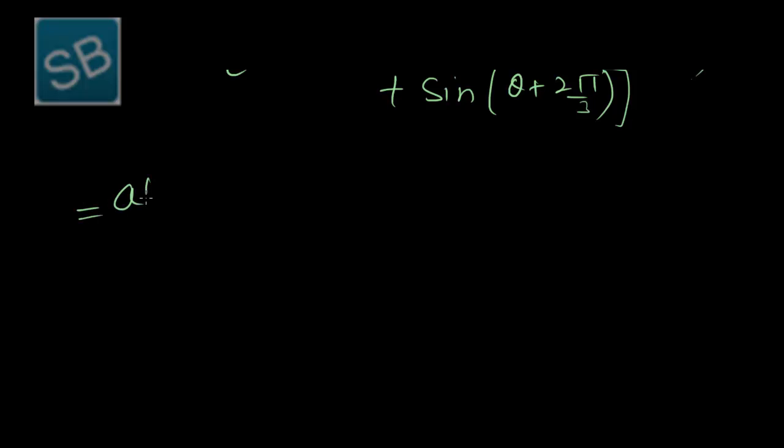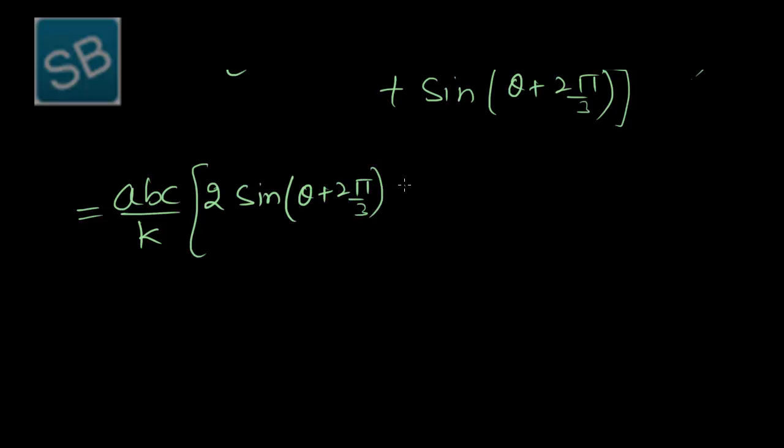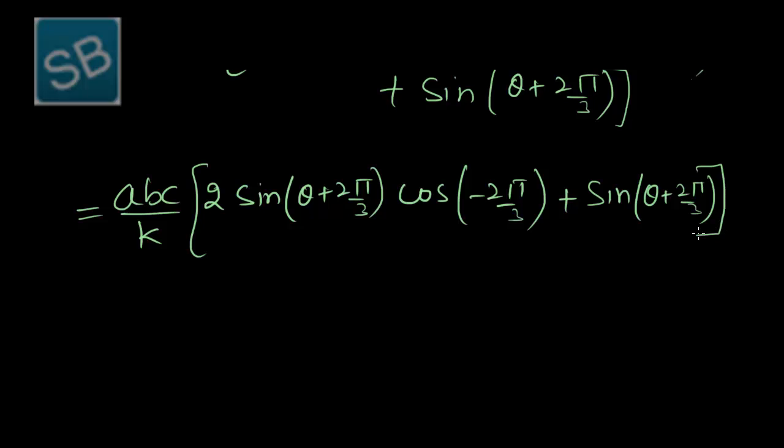So we get ABC over K, 2 sin theta plus 2 pi over 3, cos of theta minus theta is cancelled out, minus 2 pi over 3, plus sin theta plus 2 pi over 3.